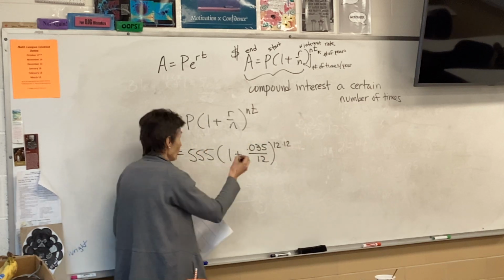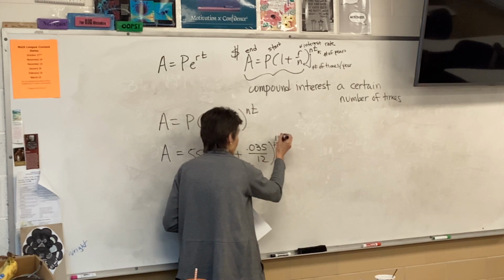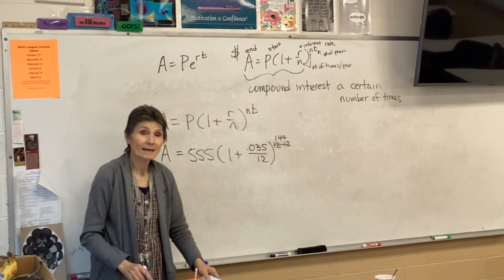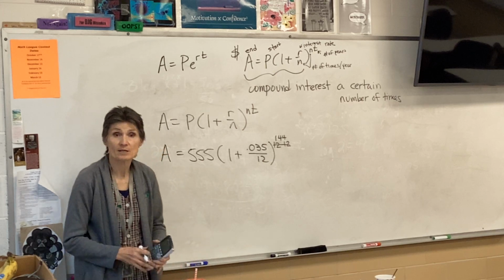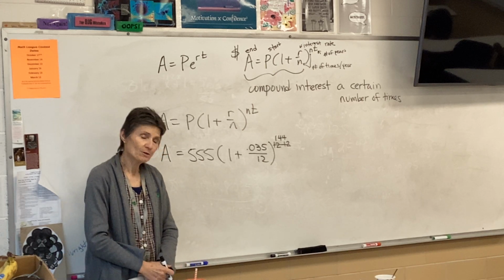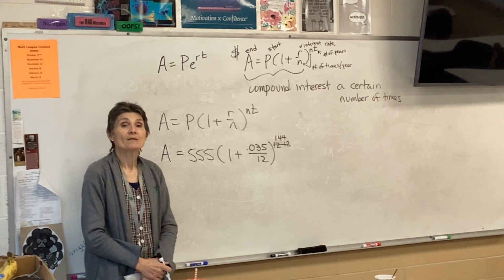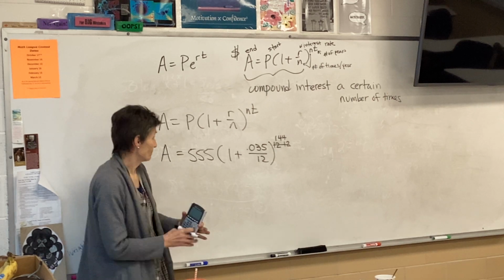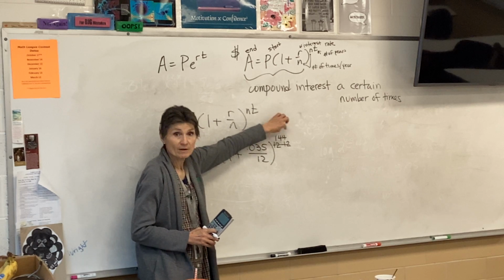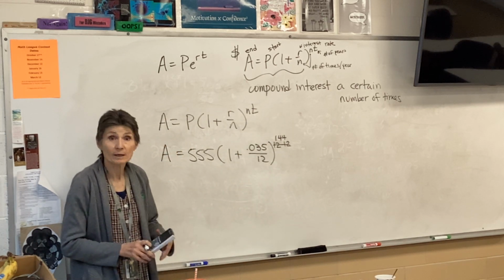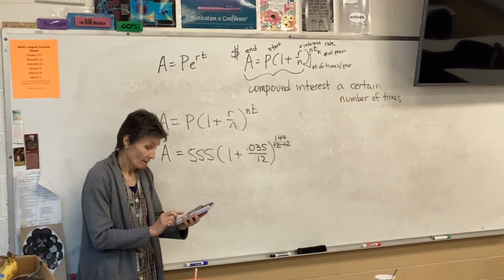Okay, I always do this first. 12 times 12, that's 144. Do I need logarithms to solve this equation? No, I do not. Because when do I need logarithms? When the exponent is the variable. It's not. So, another plug-in problem. Here we go.